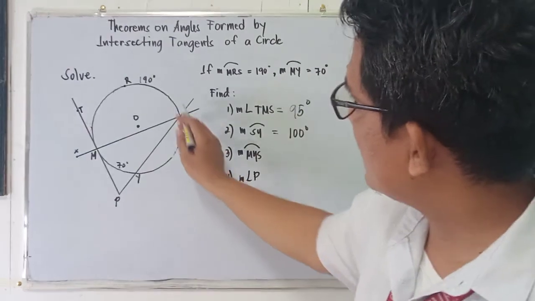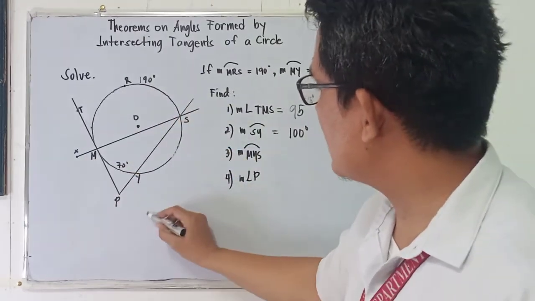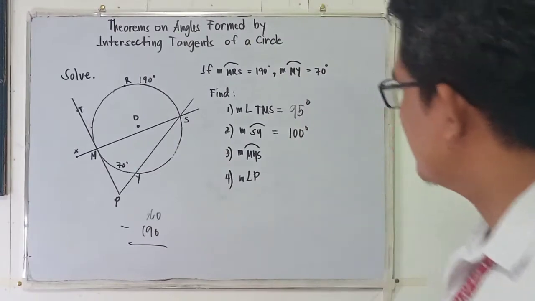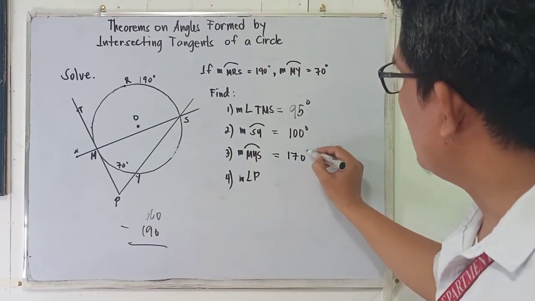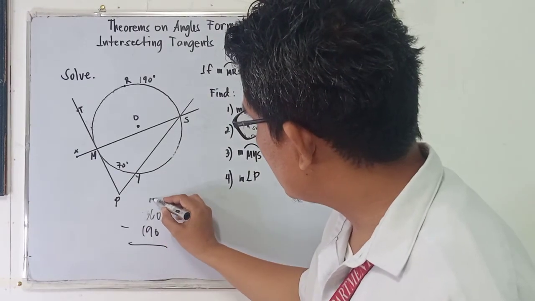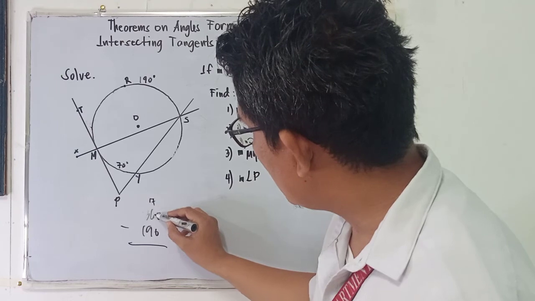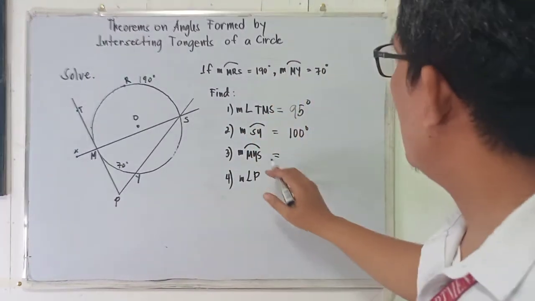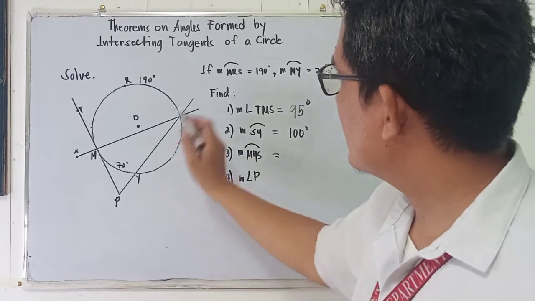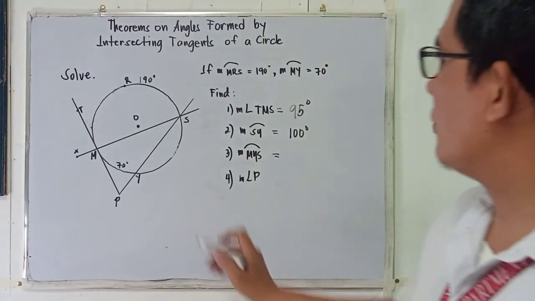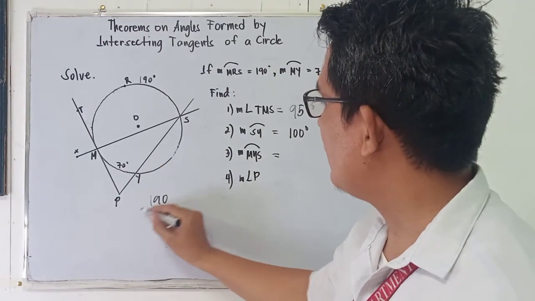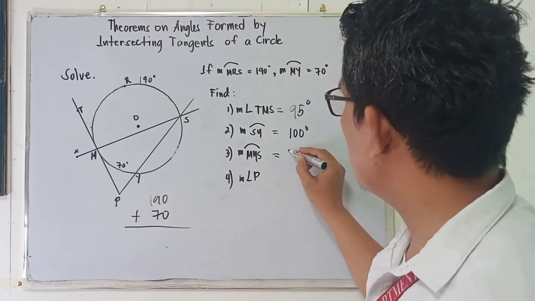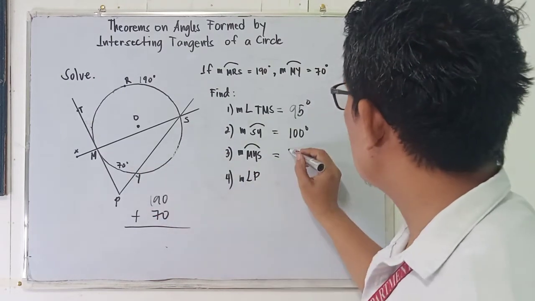Since this is 190, this is 360 minus 190, therefore that is 170 degrees. Or we can just add 100 and 70, since this is 100 and this is 70. Therefore that is 170 degrees.